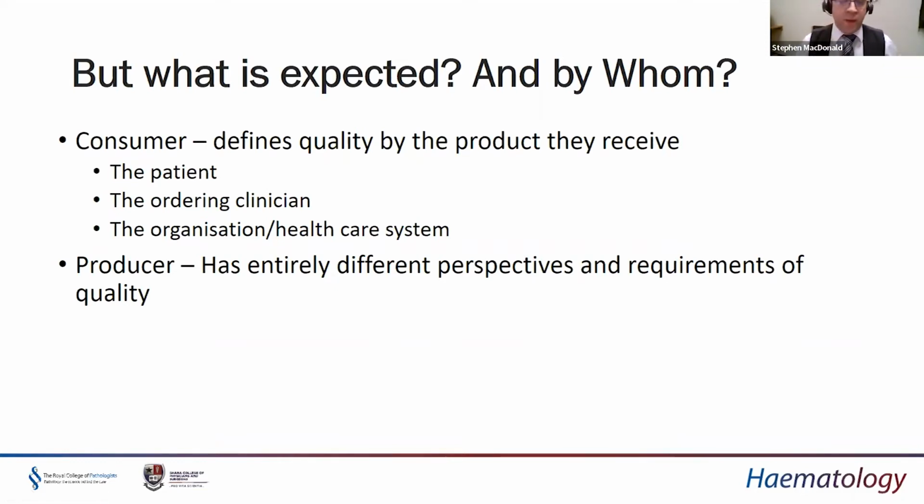And equally, if we think about who's the producer, we could think about the laboratory being the producer because we're doing the tests and we're producing results. But equally, the clinicians who we are giving the results to are also producing a service to the patients as well. So this consumer and producer relationship that we quite often see in business is a little more blurred when it comes to clinical science.